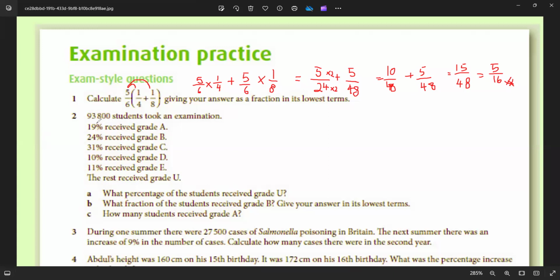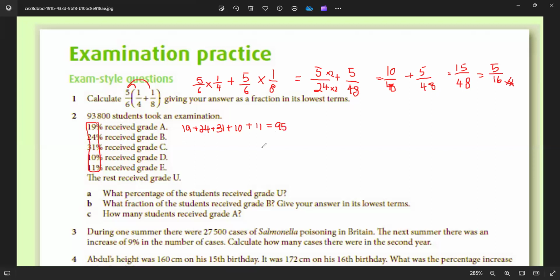So firstly, we'll need to find how much percentage is here. So we'll take 19% plus 24% plus 31 plus 10 and 11. And here we'll get 95%.